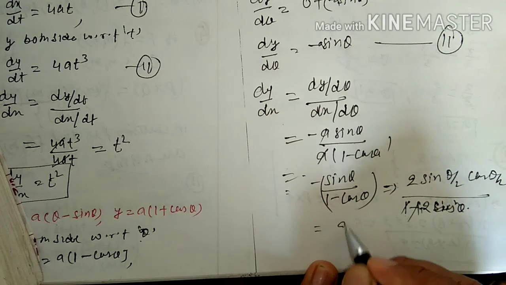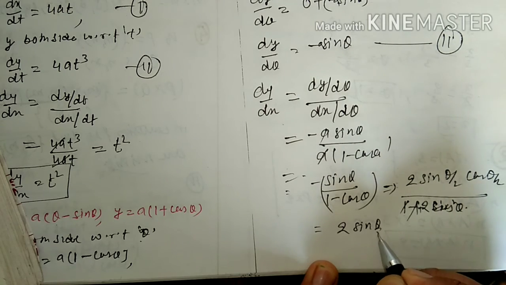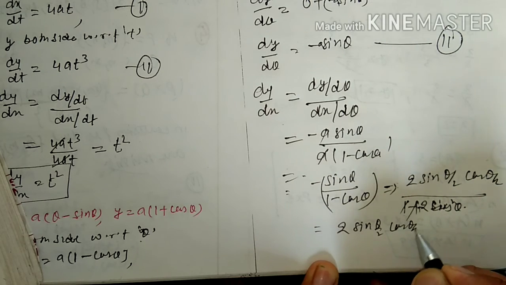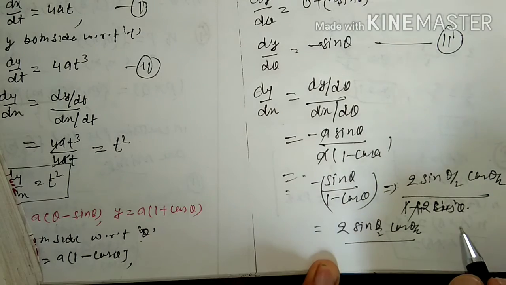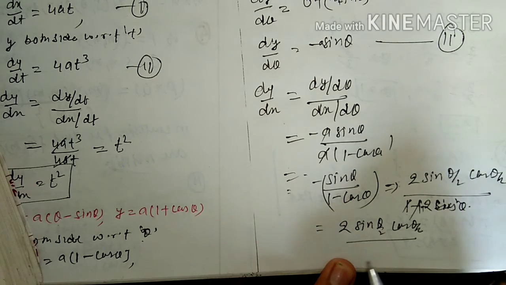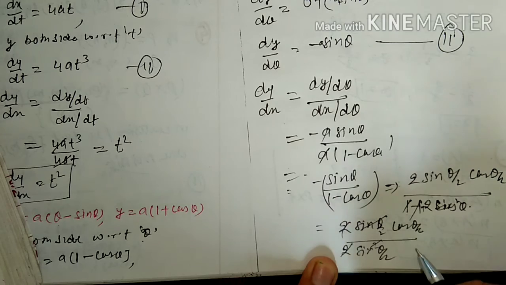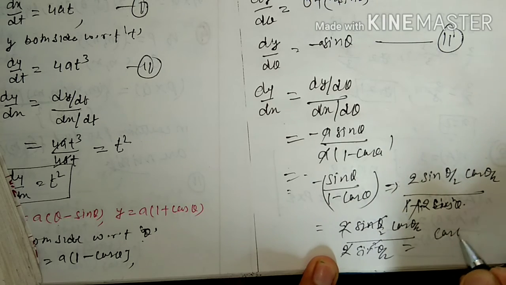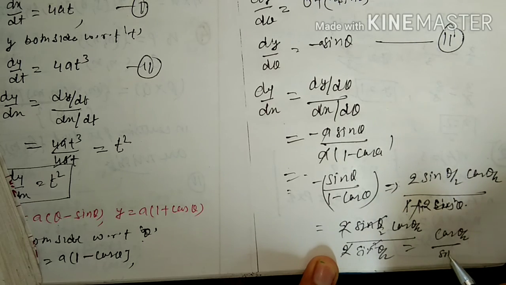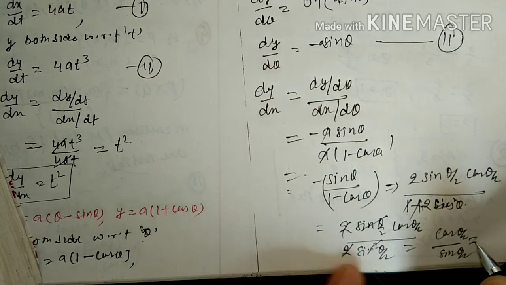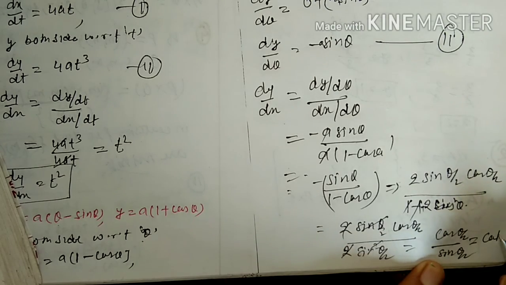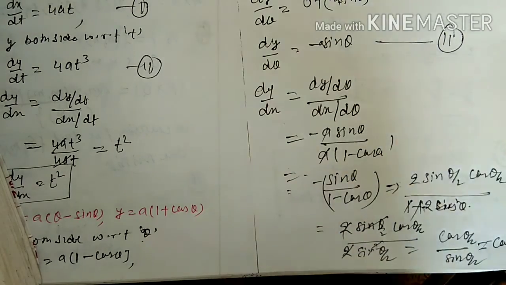Finally we have 2 sin theta by 2 cos theta by 2 upon 2 sin square theta by 2. The 2 cancels out, and one sin theta by 2 cancels out, leaving cos theta by 2 upon sin theta by 2. So we can write it as minus cot theta by 2. Clear?